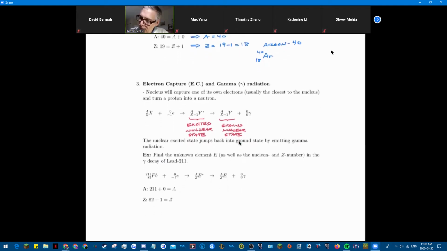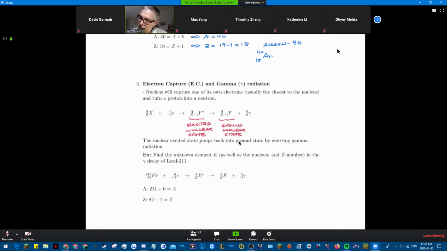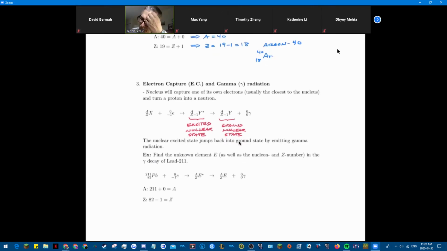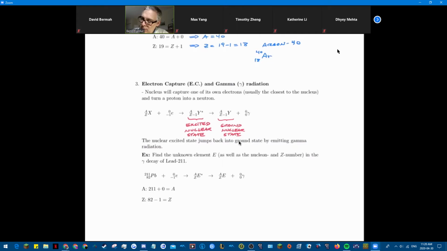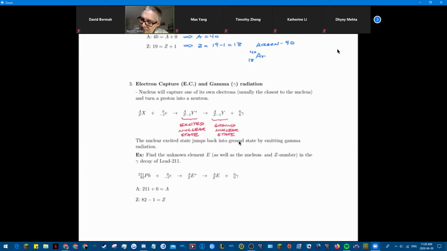So let's do this very quickly here. Find the unknown element in the gamma decay of lead-211. So lead-211, once again, gobbles up its own electron, turns this into something excited. It comes back down and releases gamma radiation.